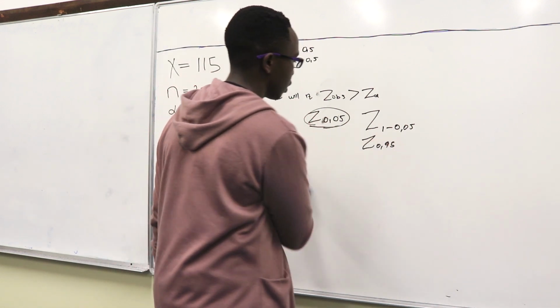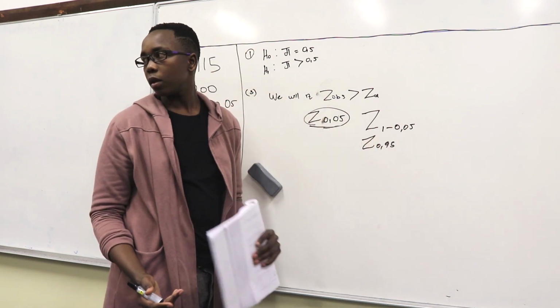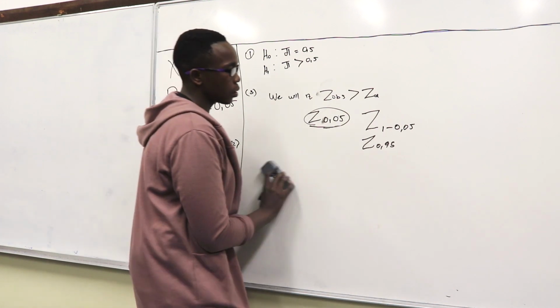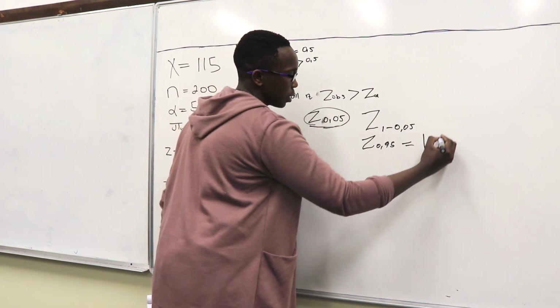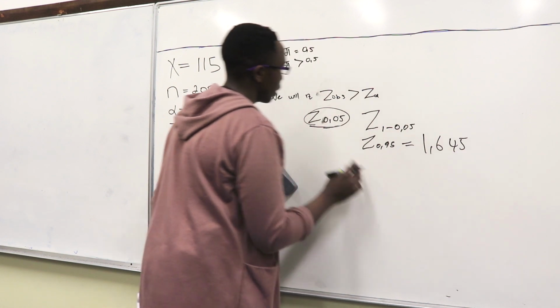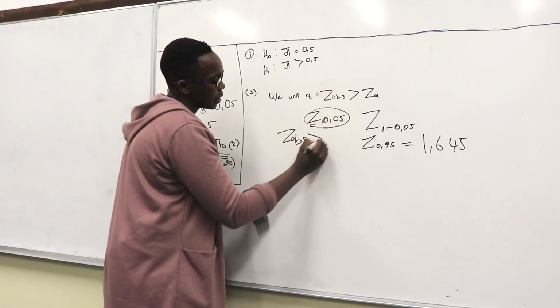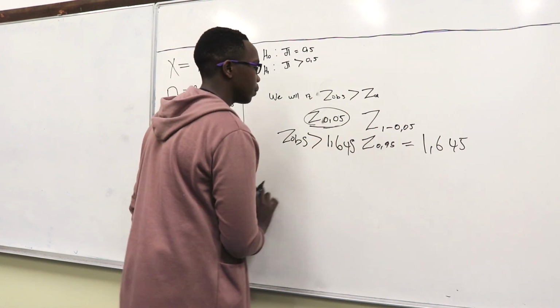Yeah, that's correct. Then we'll look for z of 0.95 in our z table. It's 1.645. So here we're saying that if our z observed is greater than 1.645, we reject.